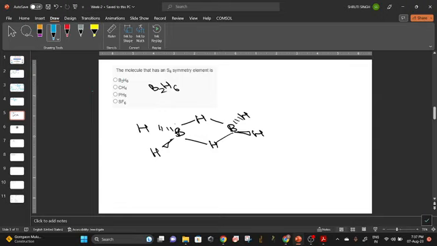Yes, ma'am. 3 C2 are there, ma'am. Okay, where? One is passing through the two boron atoms. Okay, correct. So this is like this, right? Yes, ma'am.